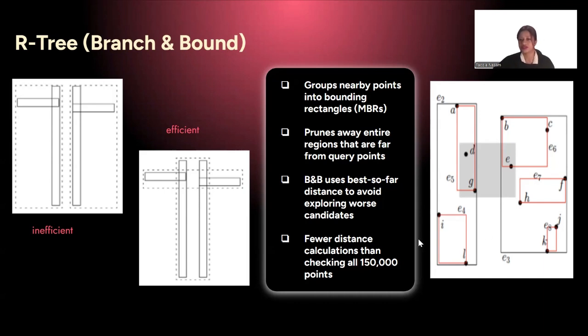So due to this, fewer mathematical operations take place, and in big data, reducing the number of distance calculations is actually a really good achievement. And also in spatial index theory, this is widely used in logistics, in mapping, in ride sharing, etc.